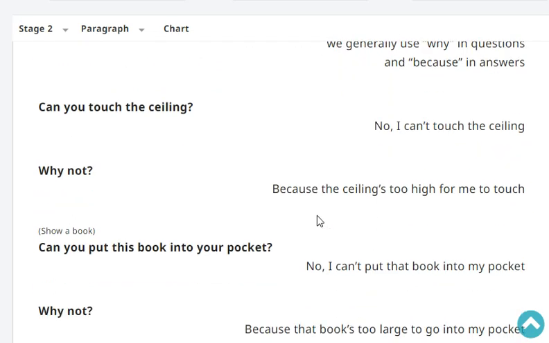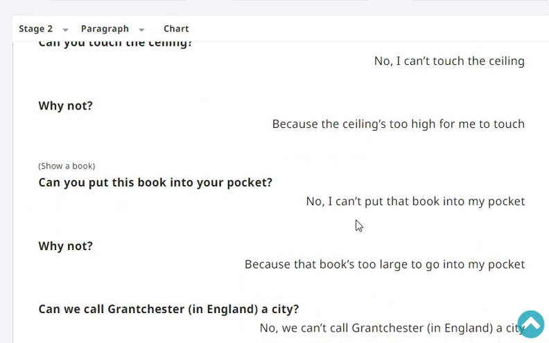Very good. Can you touch the ceiling? No, I can't touch the ceiling. Why not? Because the ceiling's too high for me to touch.